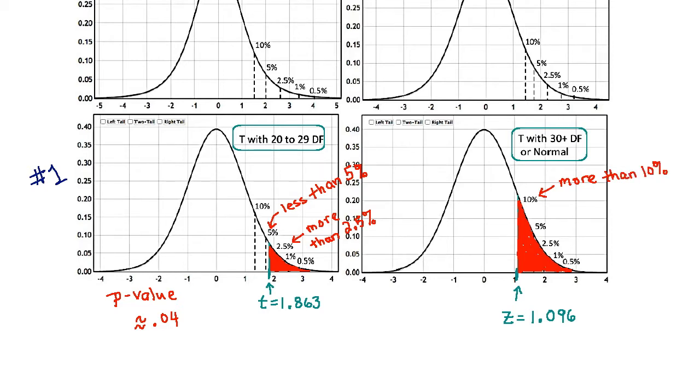So really our shaded region has got a symmetric part over on this side that we can also shade in, and in fact we must also shade that in to demonstrate that we know that we're using both tails. So our actual p-value estimate has got to be a little more than 20%, a little bit greater than 0.20.